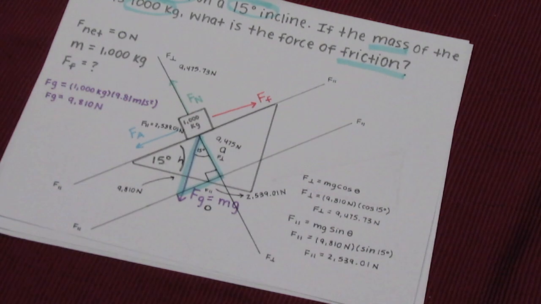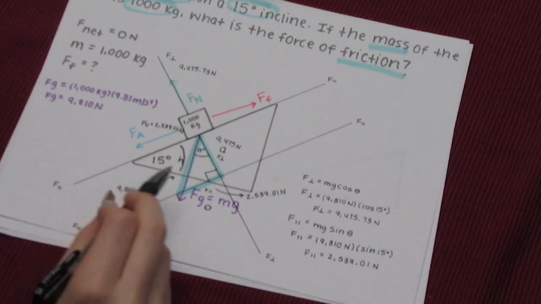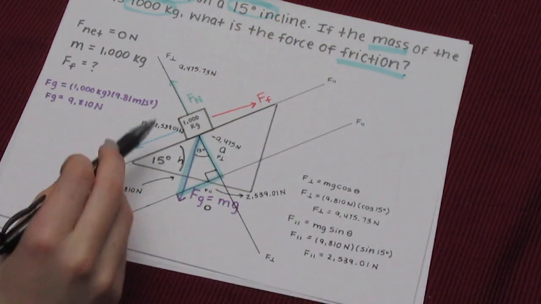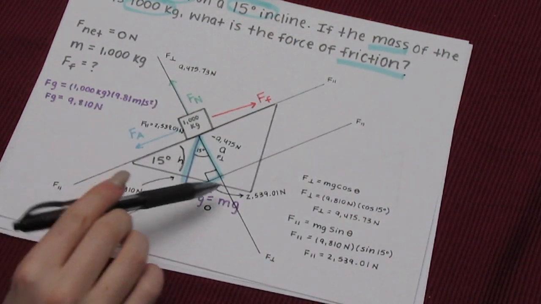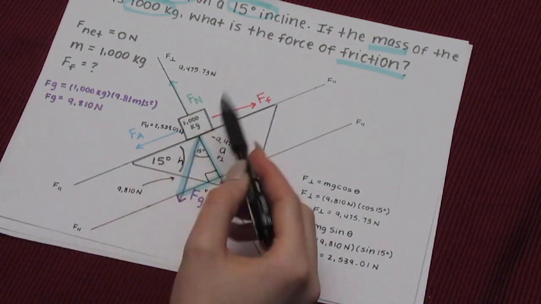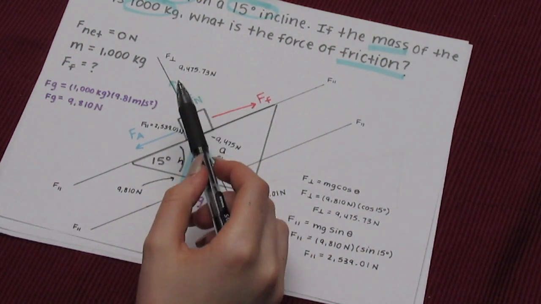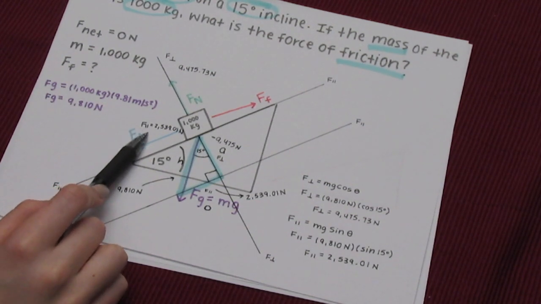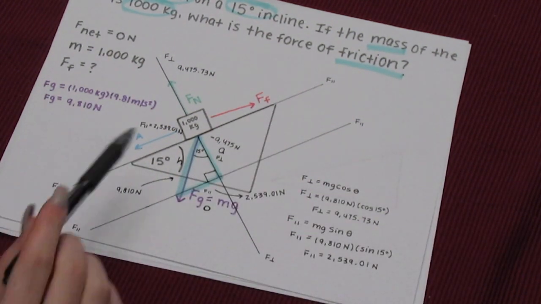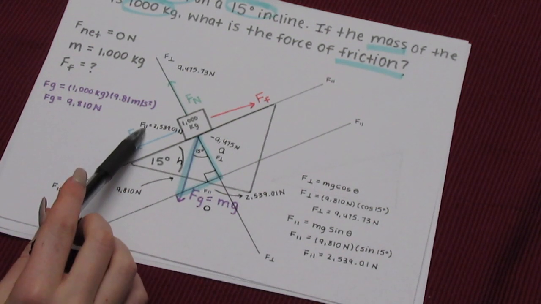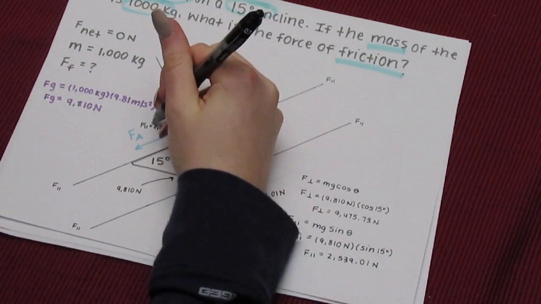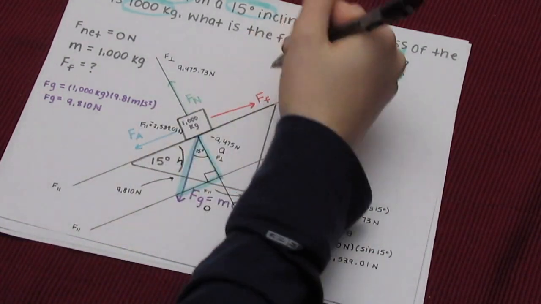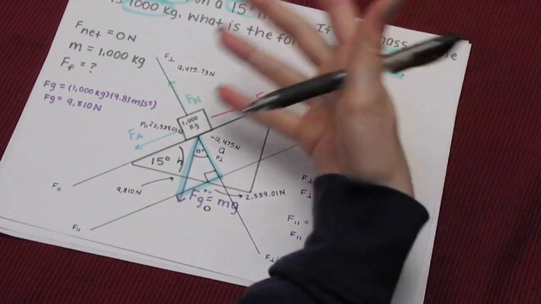newtons. So your perpendicular force down here becomes negative because it's opposite of your normal force, because it's pulling down on the object. Your parallel force over here is negative because it's pulling the object down, and your force of friction is actually positive because it's pulling the object up.